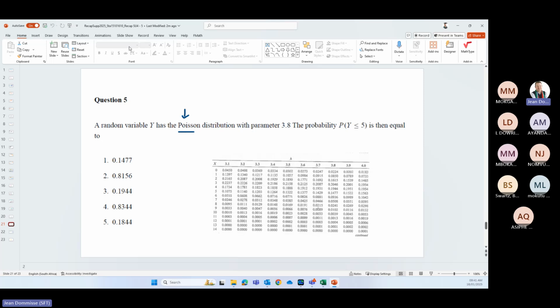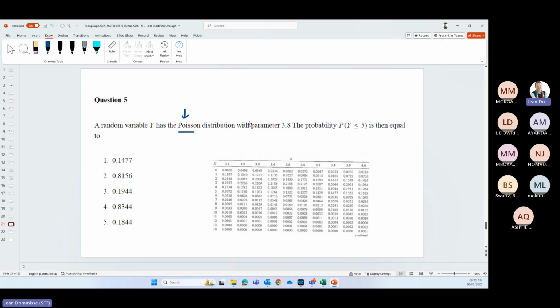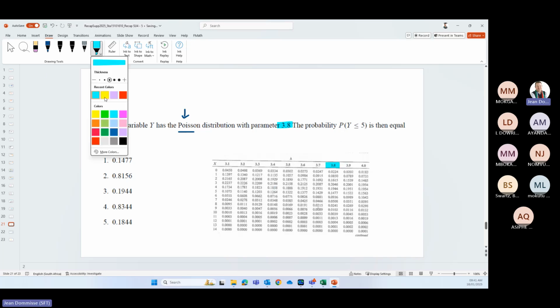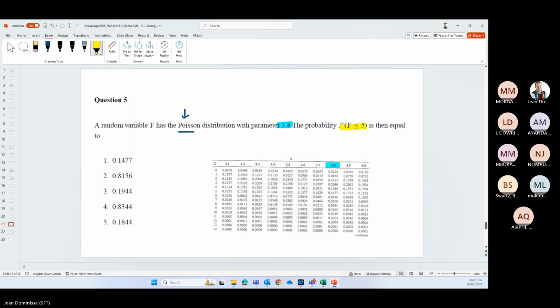Okay, so let's check out this one. Random variable with the parameter 3.8. So there's the 3.8, and we want to know the probability Y smaller or equal to 5. So smaller or equal to 5, it's all of those ones.